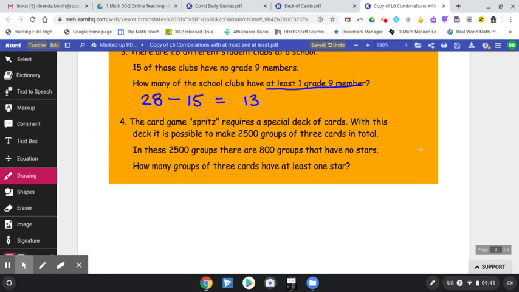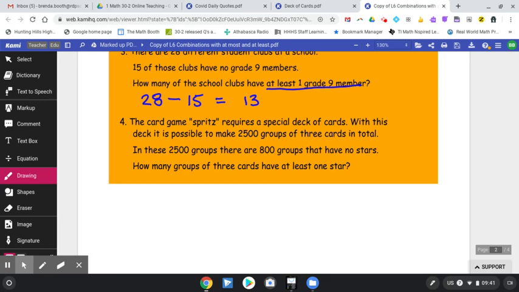The card game Spritz requires a special deck of cards. With this deck, it is possible to make 2,500 groups of 3 cards in total. So that's as many as you could possibly make, no restrictions at all. In these 2,500 groups, there are 800 groups that have no stars.